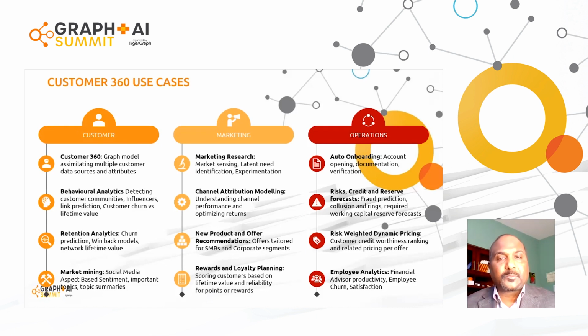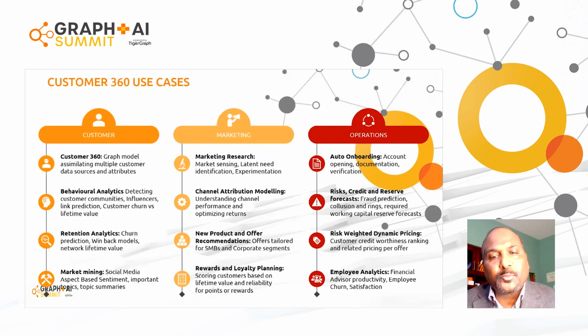From the marketing perspective, we are looking at understanding the market sensibilities, latent need identification, experimentation. From the channel attribution modeling perspective, we want to understand the channel performance and optimizing the returns.